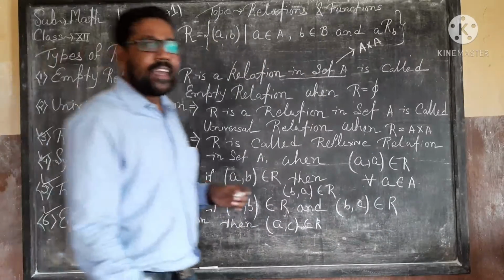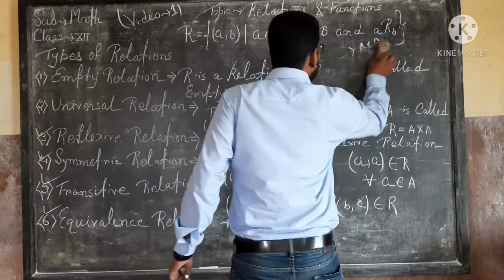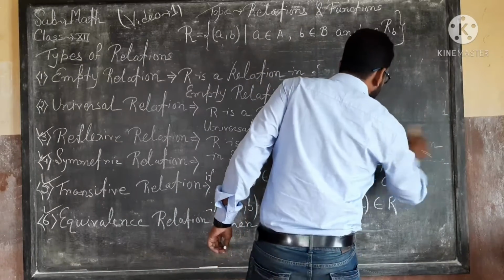So the example for the reflexive relations, transitive relations, symmetric relations is as follows.